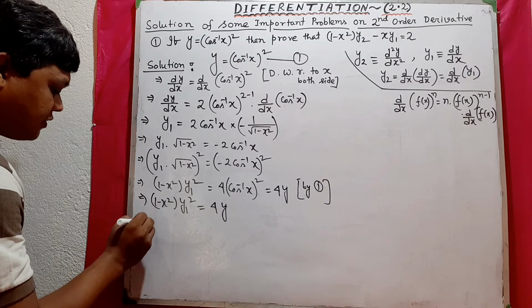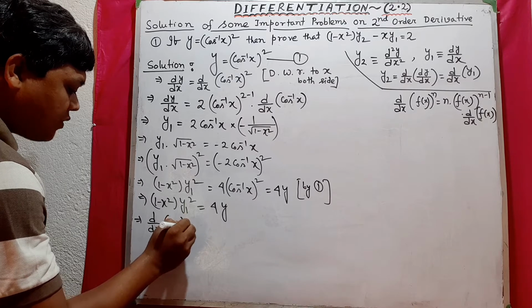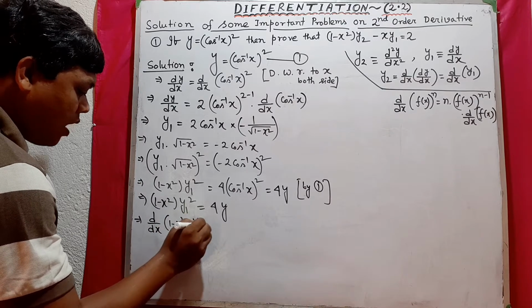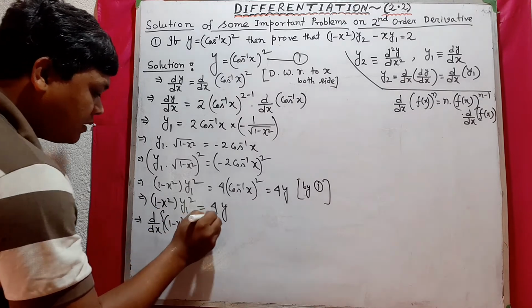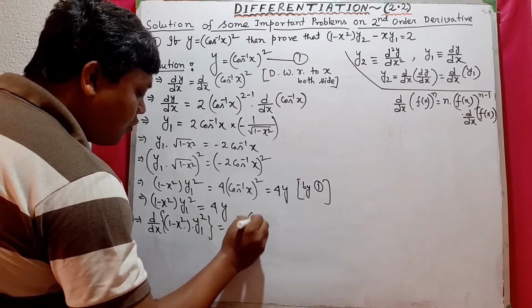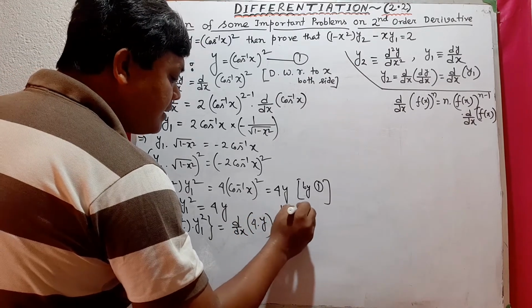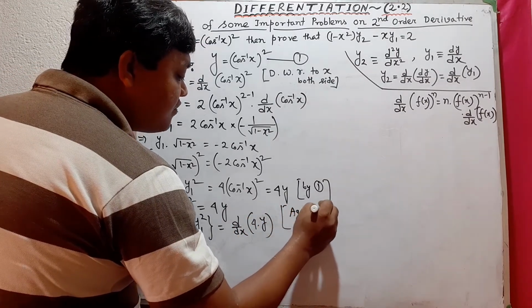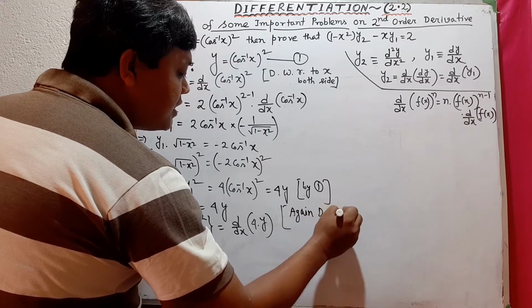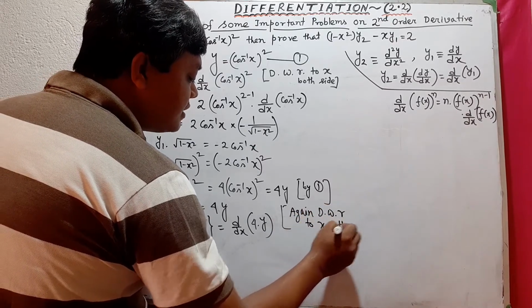Again differentiate with respect to x: d/dx of (1 minus x square) into y1 square, and d/dx of 4 into y. We have to write down again, differentiate with respect to x both sides.